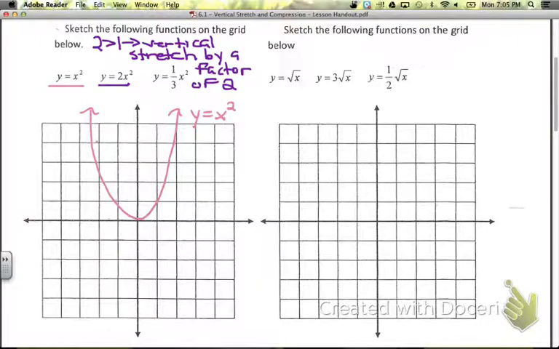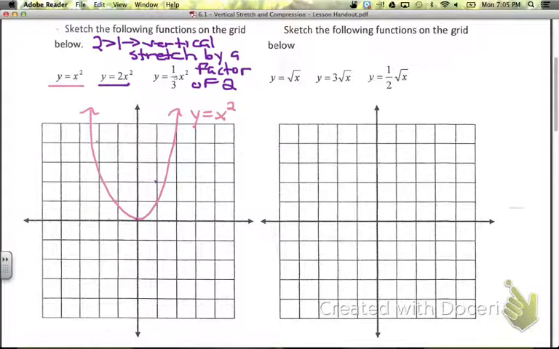So looking here, our origin's not going to change, okay? But our point (1, 1), you're going to multiply the y value by 2. So now it becomes (1, 2). Similarly, instead of our point (2, 4), you would multiply the 4 by 2, and it would become (2, 8). So it would be somewhere pretty high up here.